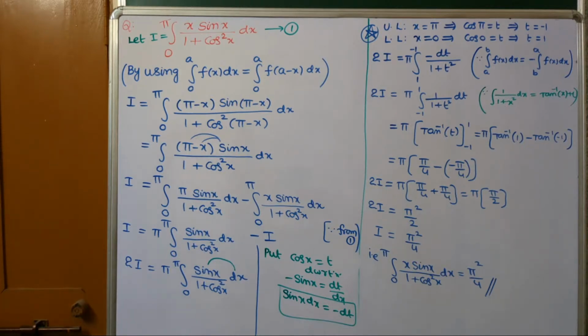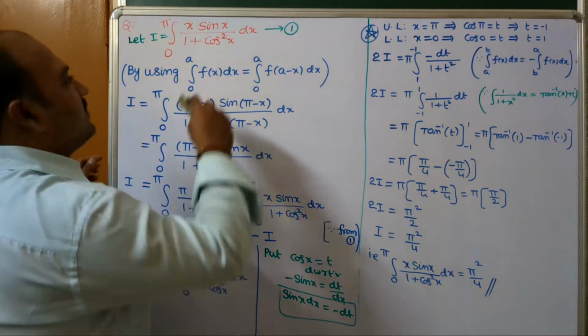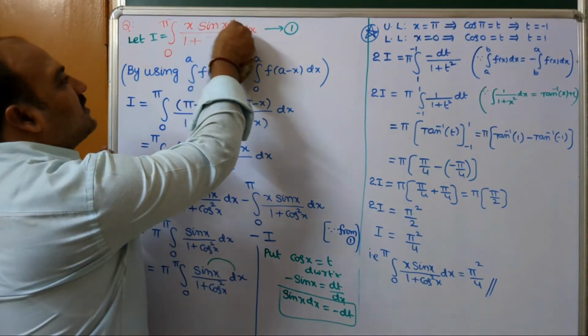I'm going to rub this. Here the coming question is, here in place of cos square x only sin x is there.